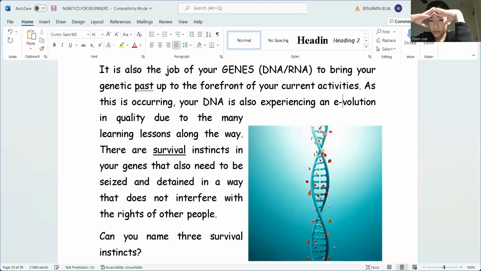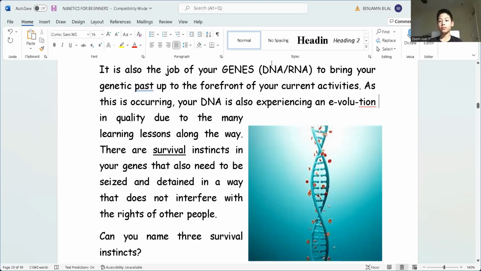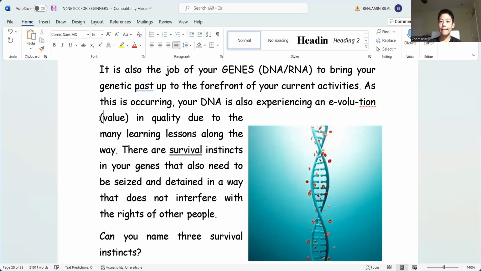E in any word, if it's at the beginning of the word, it means to come out, to go outward, like exit. You got it? You have another word here that is related to the word value. You see it? And you see how the VOLU is related to the VALUE?